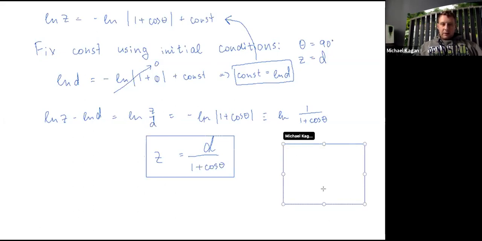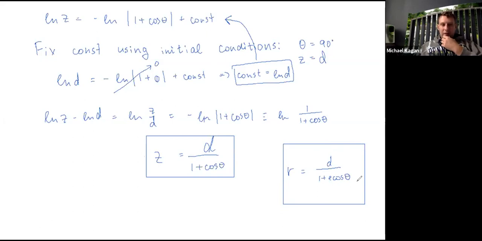Let me just remind you that if you have this equation, r equal d over 1 plus e cos theta, this is actually a second order curve, so to speak. e is eccentricity. Does that ring a bell? If it doesn't, don't worry, we'll cover planetary motion in detail, but eccentricity is the feature of an ellipse.